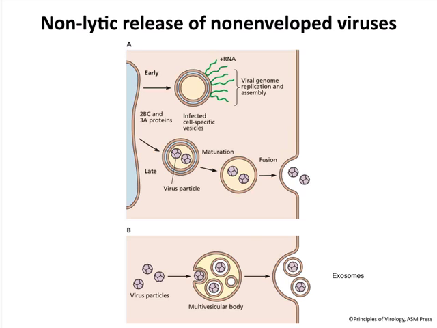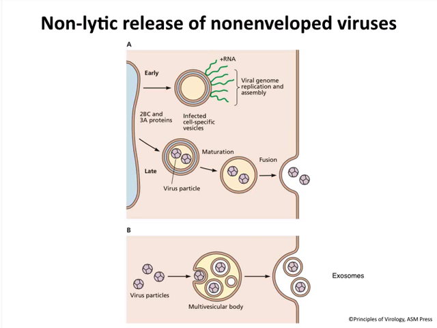It turns out that hepatitis A virus in liver cells, which is the right cell for hep A, it's a liver pathogen, is actually released from cells within exosomes. So they have membranes. This is a non-enveloped virus, but in the liver cell, it acquires a membrane by being released in exosomes. This membrane doesn't have any viral glycoproteins in it.